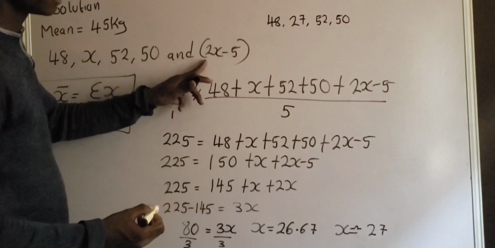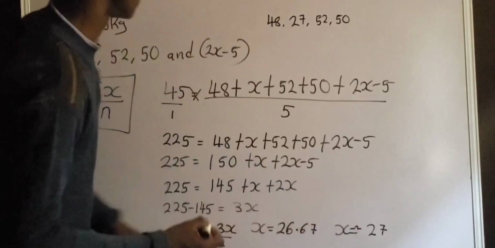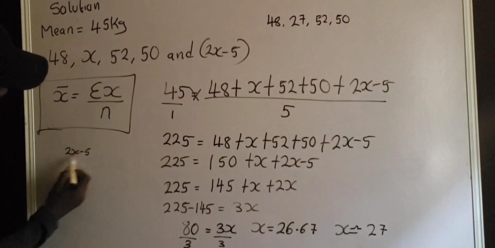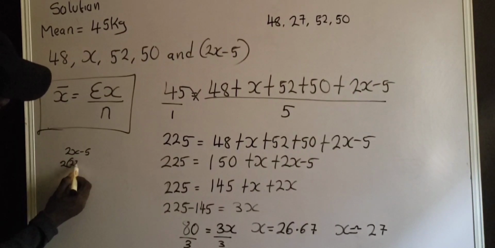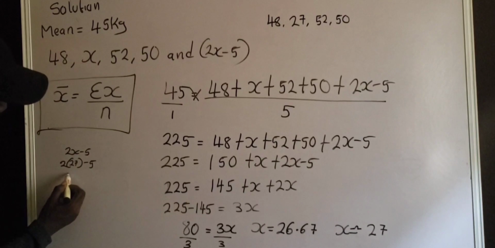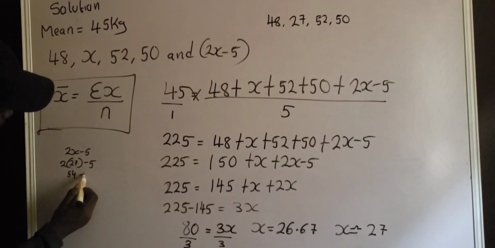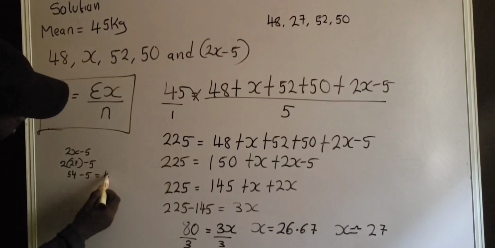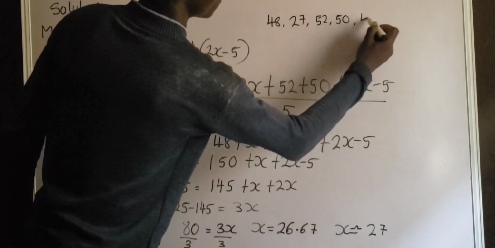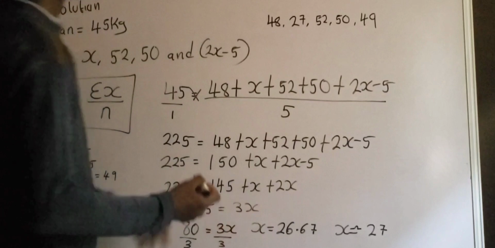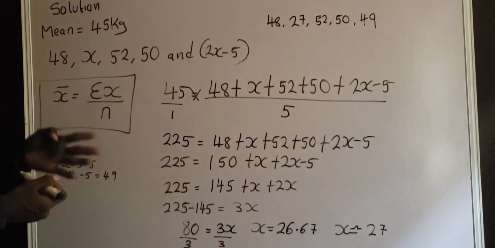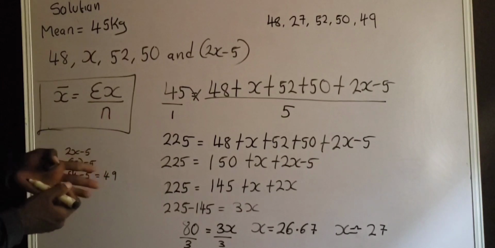Now don't forget that the value of x is 27. So for 2x minus 5, I'm going to have 2 into bracket 27 minus 5. 2 multiplied by 27 is 54. 54 minus 5 is equal to 49. So the weight of the last girl is 49. Now, don't forget that the weight is in kilograms, and we are told to find the girl that has the heaviest weight.